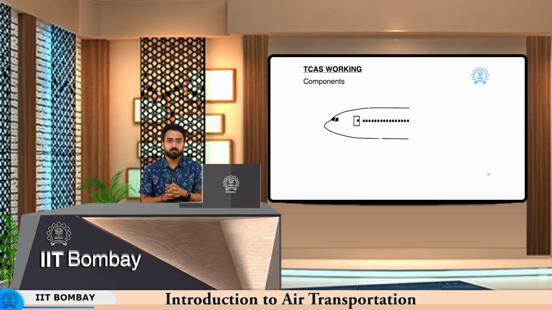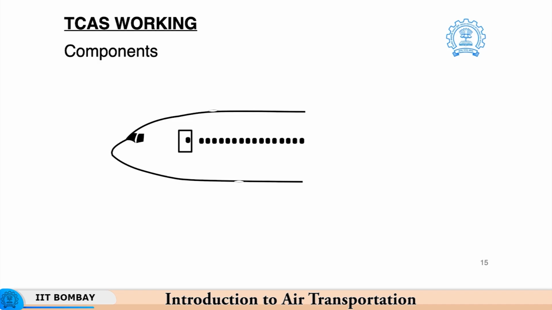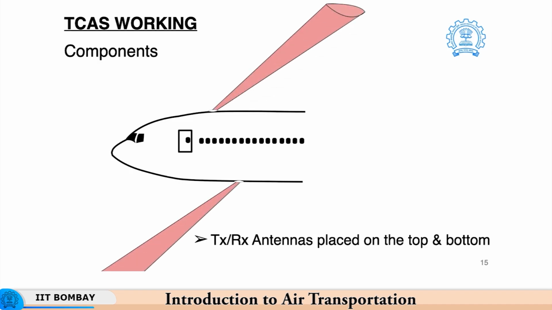To understand how this works, we need to understand the different components involved in this system. Firstly, there are two transmitter-receivers placed on the upper and the lower surface of the aircraft, which transmit out an interrogation signal in a spatial manner all across the azimuth.